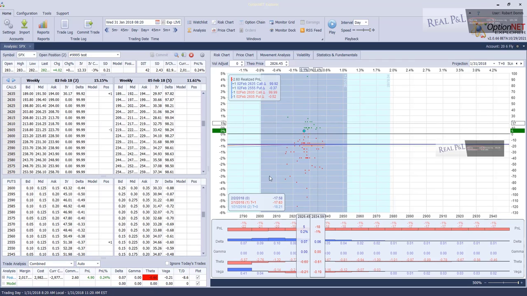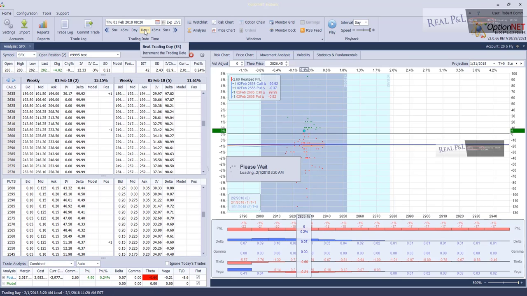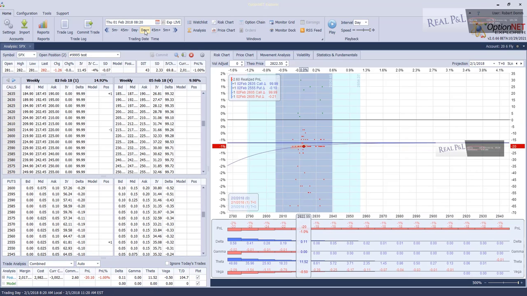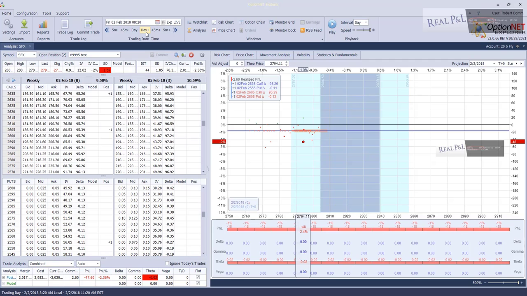Getting close to the end of the trade because it's going to expire. It's going to hit this expiration line. 44. Look at this. It's just going to probably end up here. I'm going to take it to the end. It says that is the end.